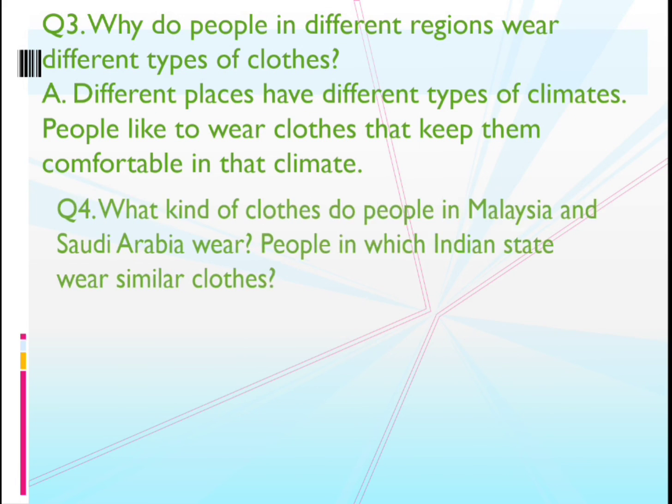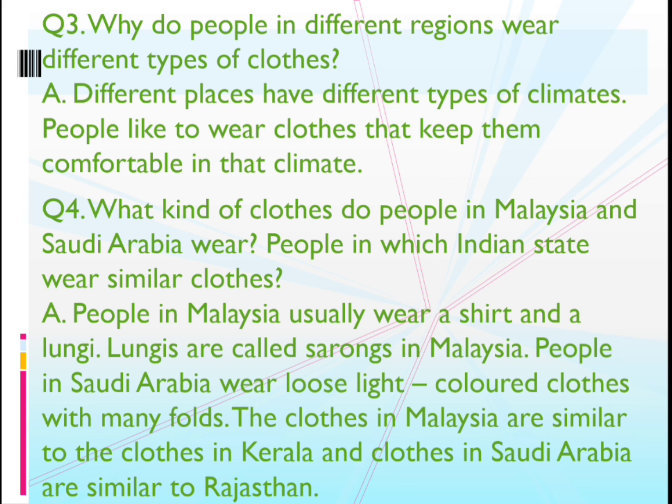Okay, next. What kinds of clothes do people in Malaysia and Saudi Arabia wear? People in which Indian state wear similar clothes? So in Malaysia, the climate is hot and humid like Kerala, isn't it, children? So they wear lungis and they call it sarong.